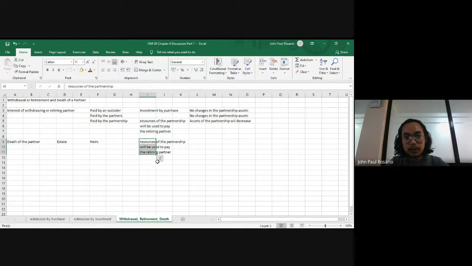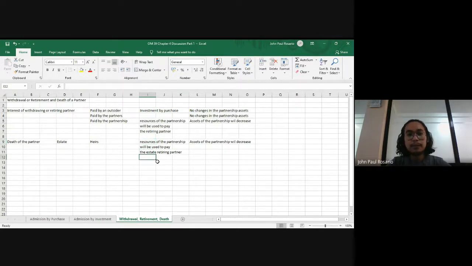Resources of the partnership will be used to pay the estate of the retiring partner. And the receiver of his share would be either his heirs or benefactors or whoever manages his estate.